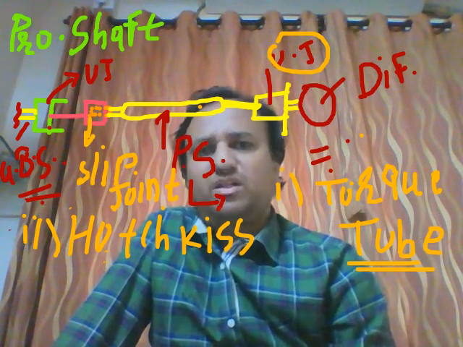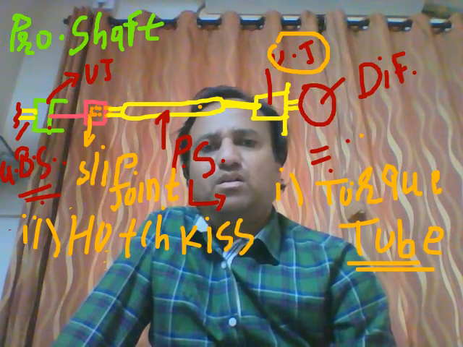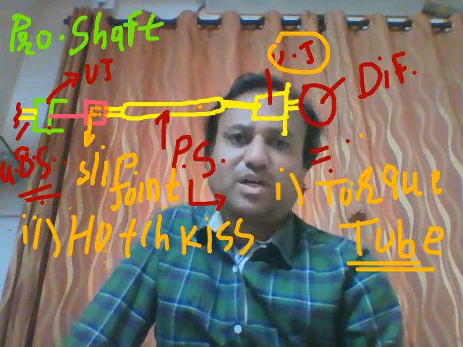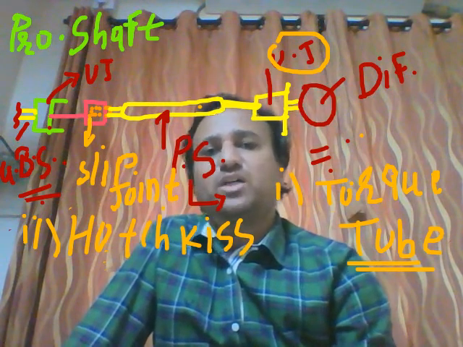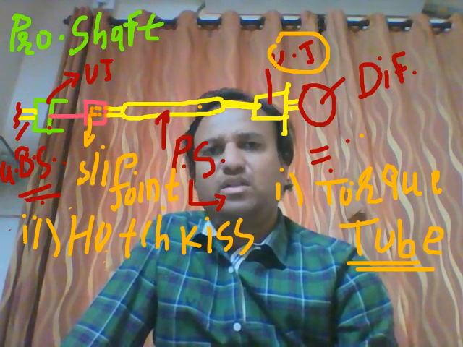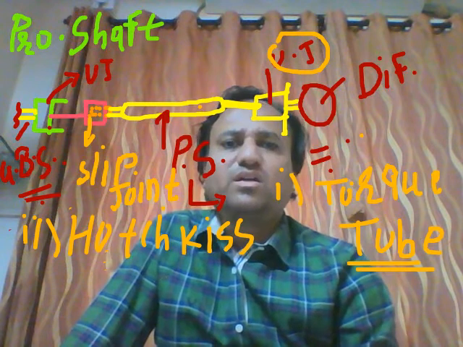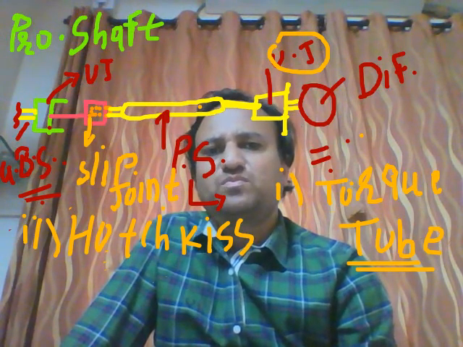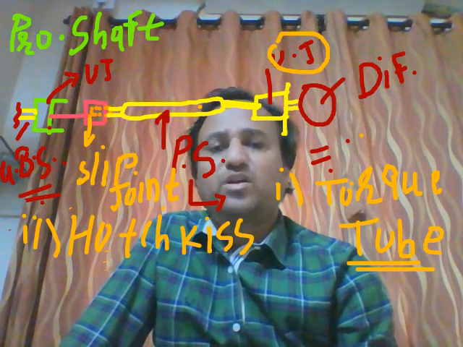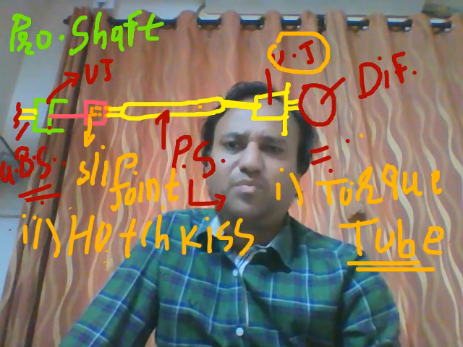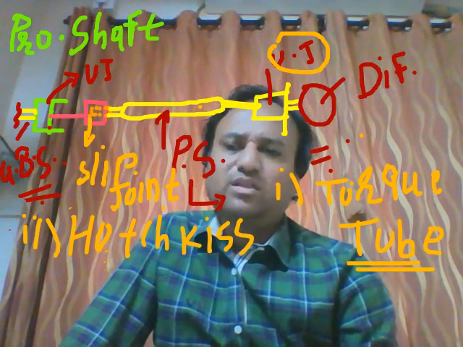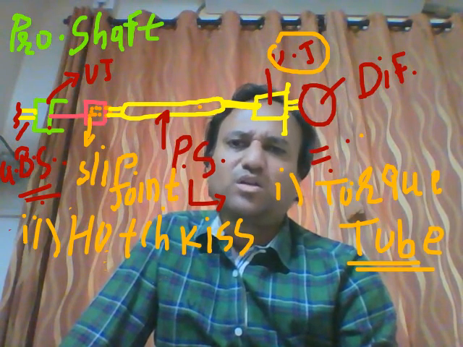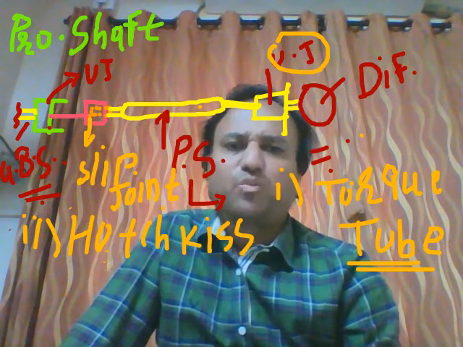In heavy duty vehicles, the complete load will not be absorbed by the suspension system. Partial load will be transmitted to the chassis or other automobile components. So some partial load which is not taken by the suspension may be acting on the gearbox, or some load may be acting on the propeller shaft.